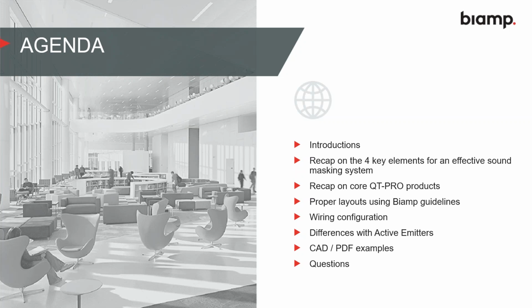We will go through some proper layouts using the Biamp guidelines, and we will talk about the wiring configurations that go with these designs, the differences between active emitters and standard emitters, and some examples. And we will also have questions too, if needed.